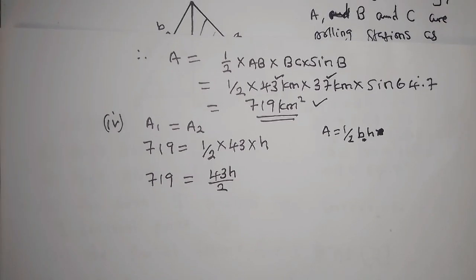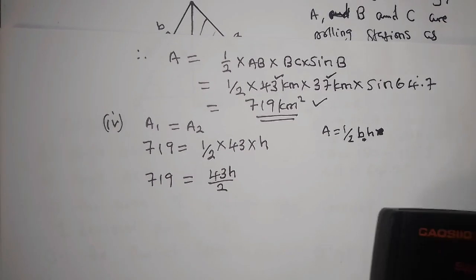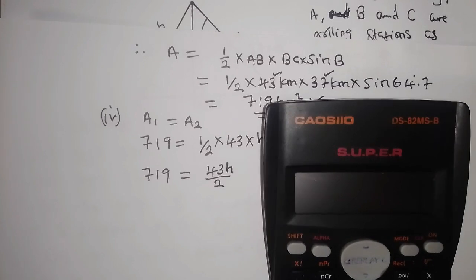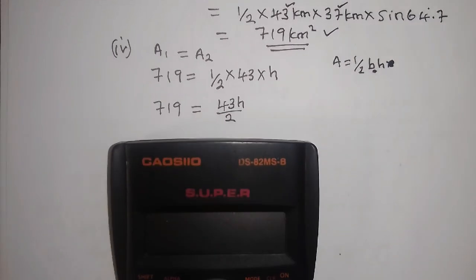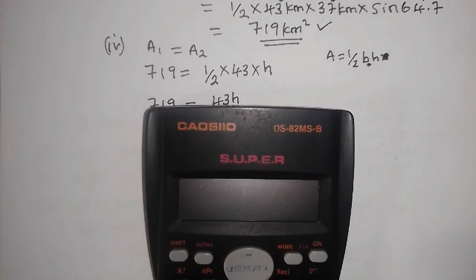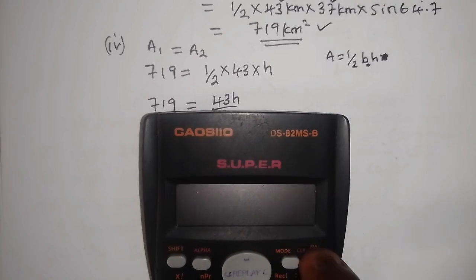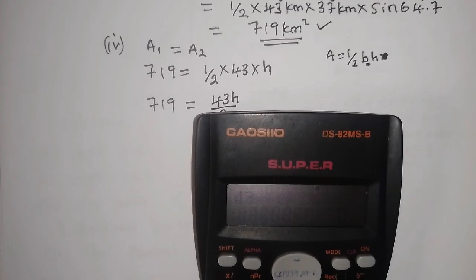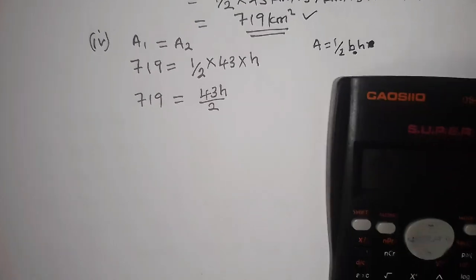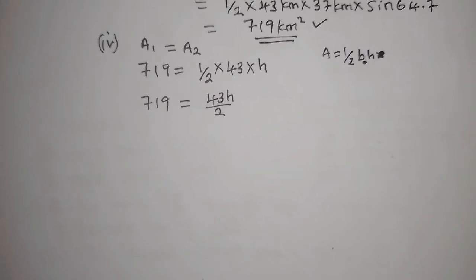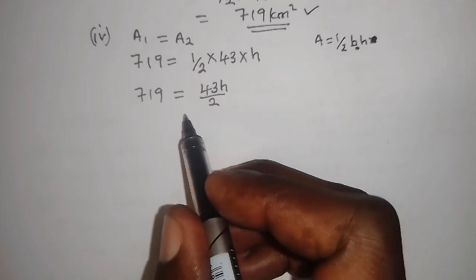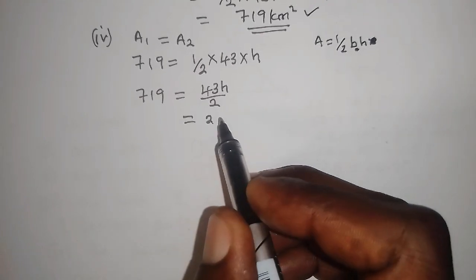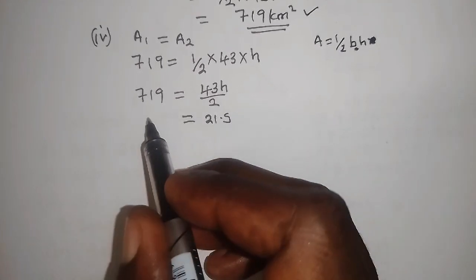Then we can divide 43 by 2, and we get 21.5, then this is 719.